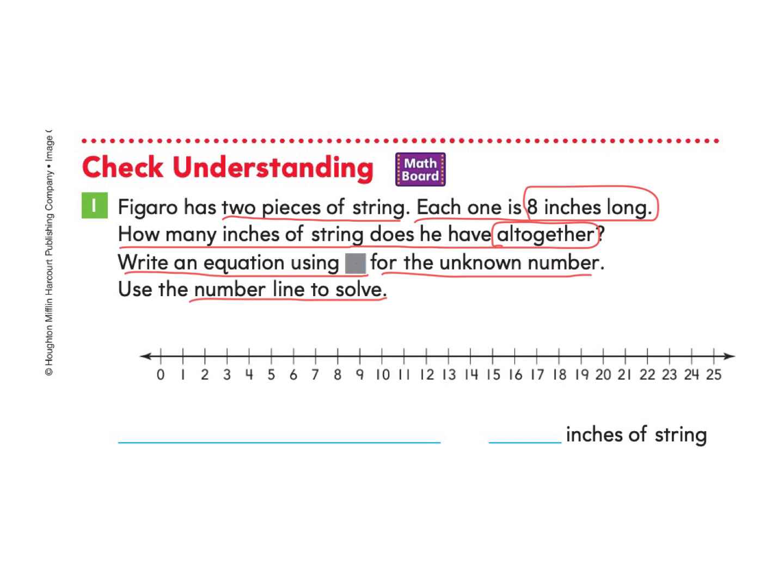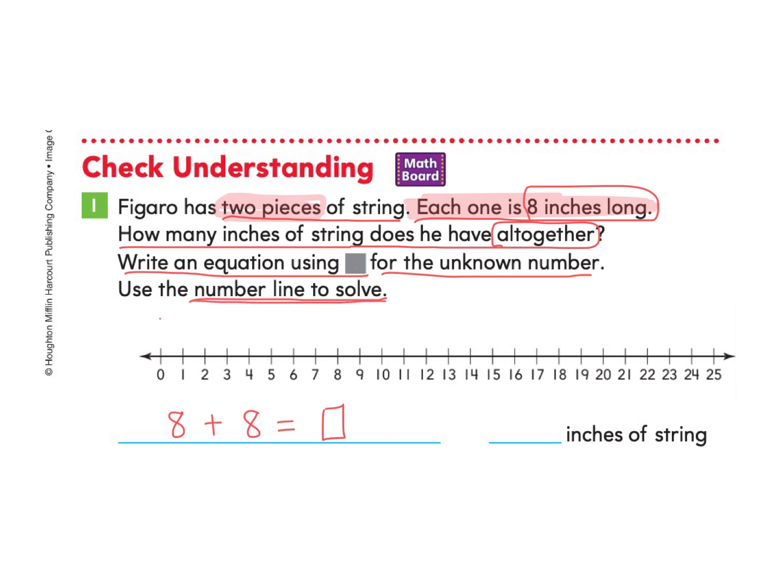Okay, so we need to write an equation using a square for the unknown number. We read that he has 2 pieces of string, and each one is 8 inches long. So we know that there are 2 pieces of 8. So 8 and 8 is going to equal an unknown number. Now we're ready to use the number line to solve.